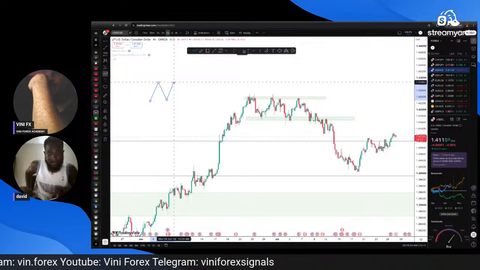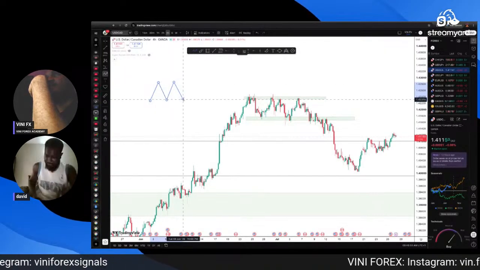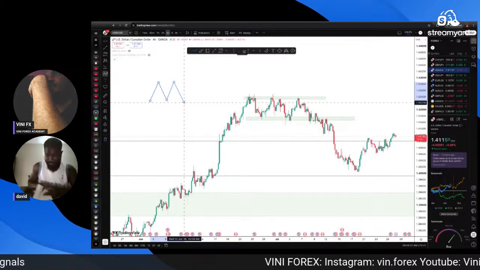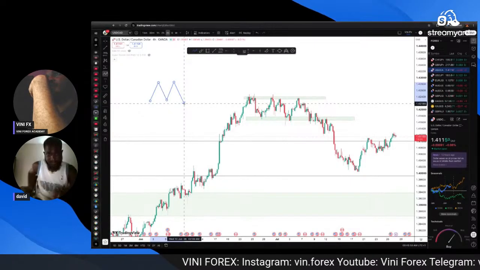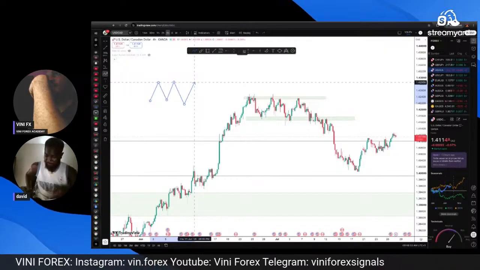It comes up again. The market will never give you the way you think you want to have it. Something like this, and then comes back here at that same level.